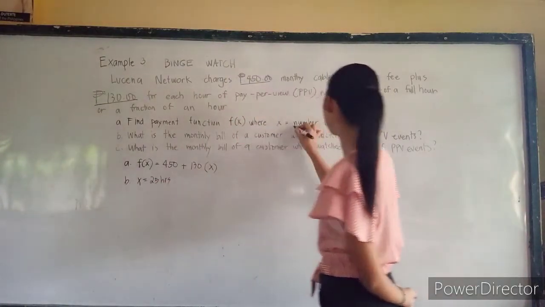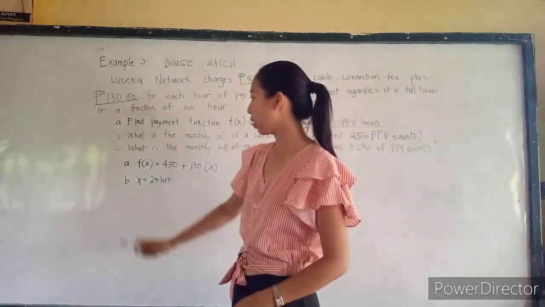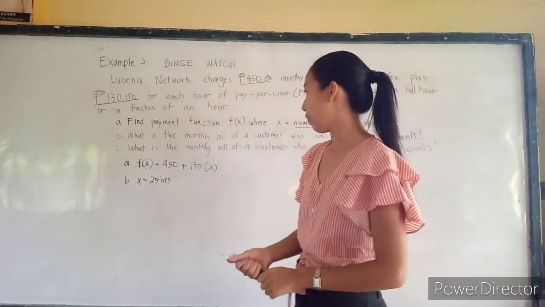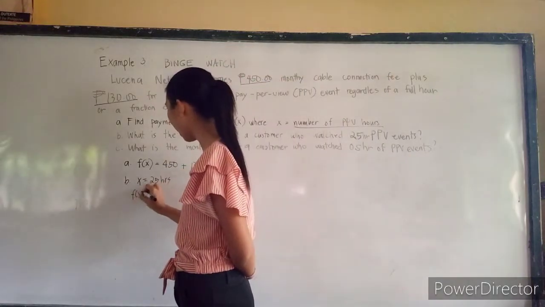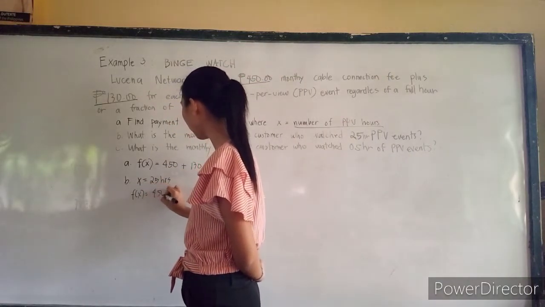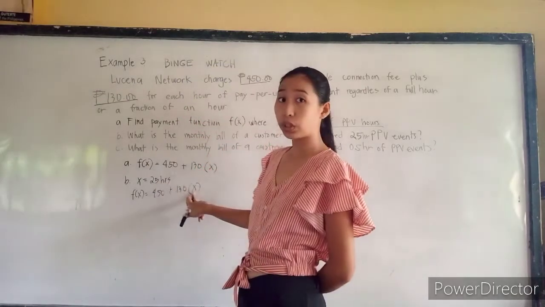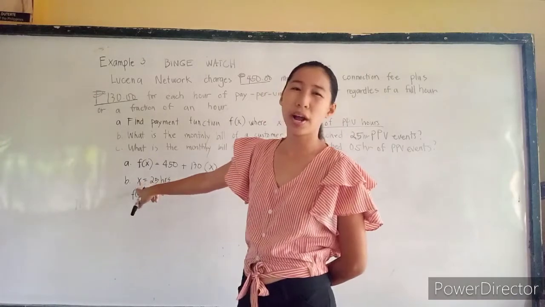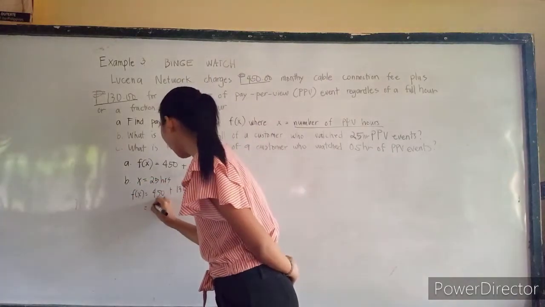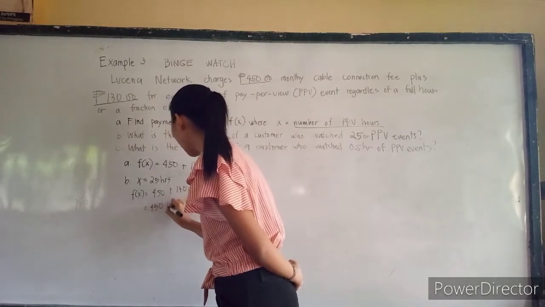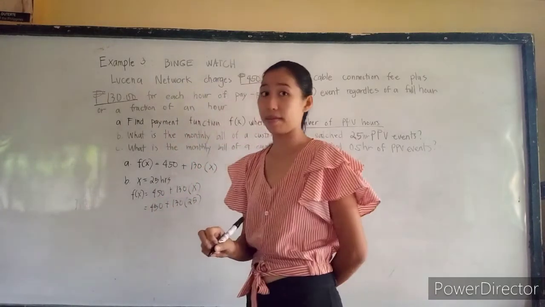Right? Because x is the number of PPV hours, or pay-per-view hours. That is why we're going to put x as 25 hours, then use this function, f of x is equal to 450 plus 130 times x. Substitute x with your value, which is 25. So we are going to have 450 plus 130 times 25.